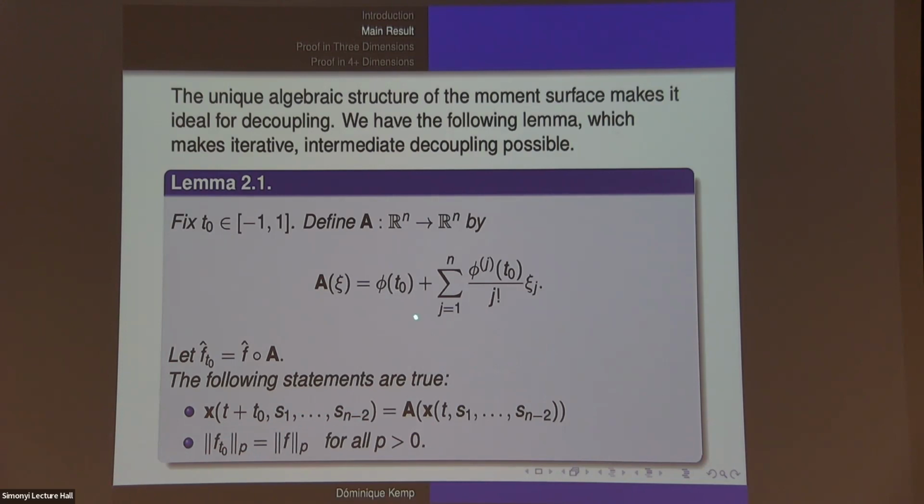So this map A both preserves the moment surface and it preserves L^p norms of arbitrary functions. Now this fact is just change of variables combined with an observation that this matrix here is upper triangular, rather lower triangular, with ones along the diagonal. Any questions? Okay, we're just putting together our tool set to warm up for the proof.